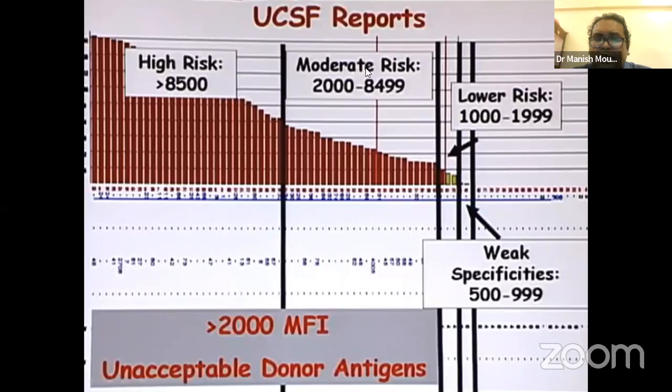Mostly I observe that if the single antigen MFI is below 4000, the flow is mostly borderline or negative. 5000, 6000 is showing borderline, especially in class 2.